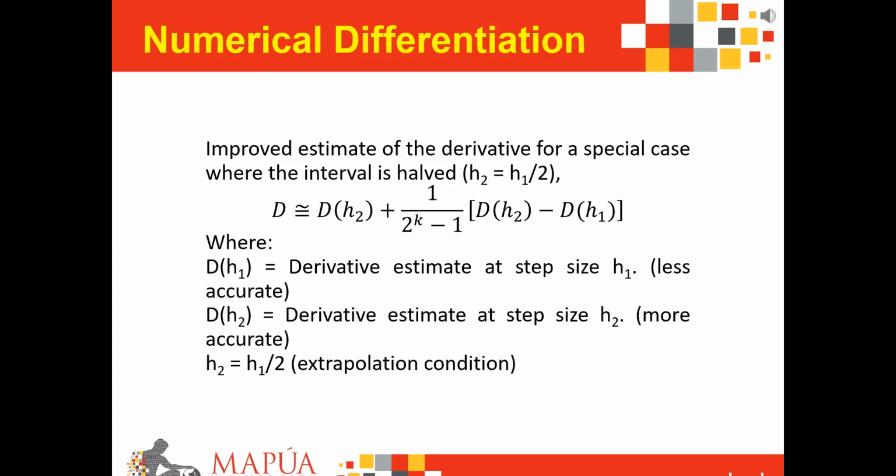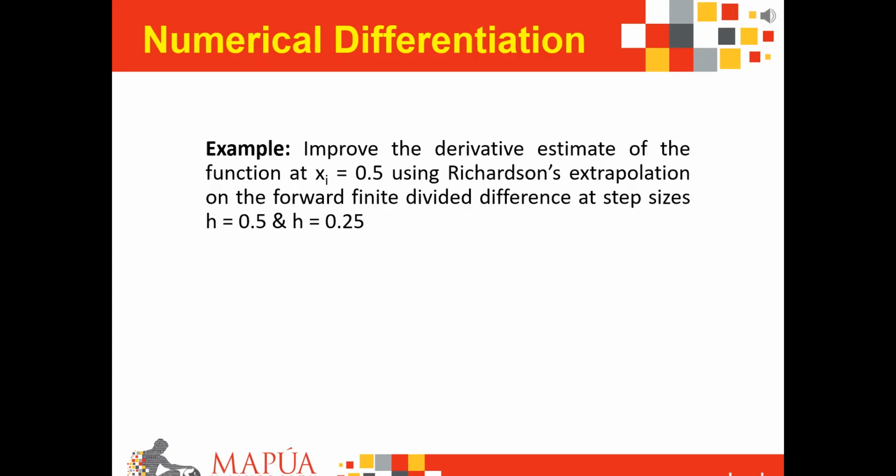And this particular condition is known as the extrapolation condition. If this particular condition is not met, then the formula won't be applied. K is also referred to as the extrapolation order on the formula with the minimum value of K equal to 2.